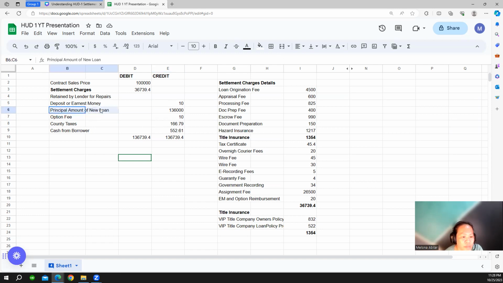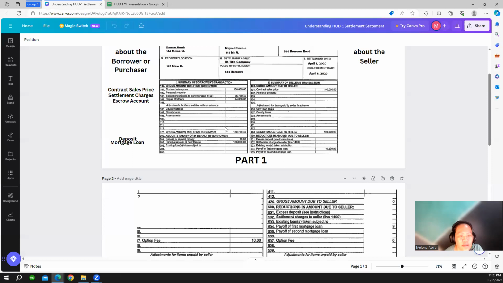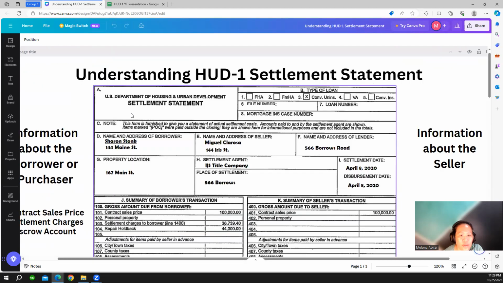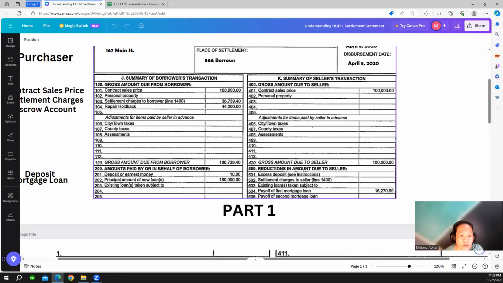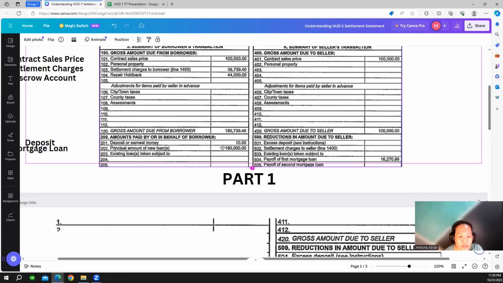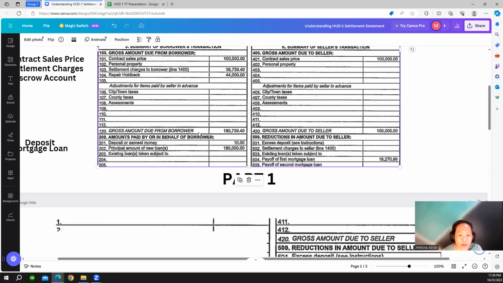And then the principal amount of the new loan is only 136,000. It is because, if you can see it here, the principal amount of the new loan is 180,000. However, there is 44,000 which is a repairs holdback.